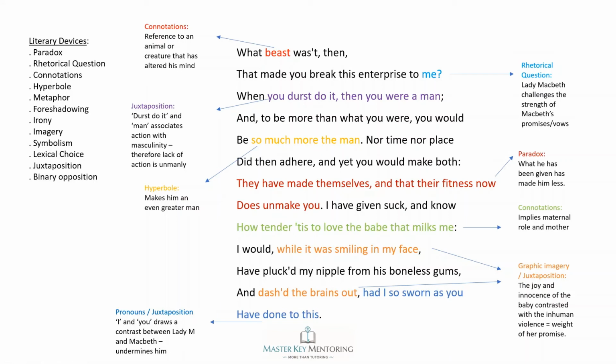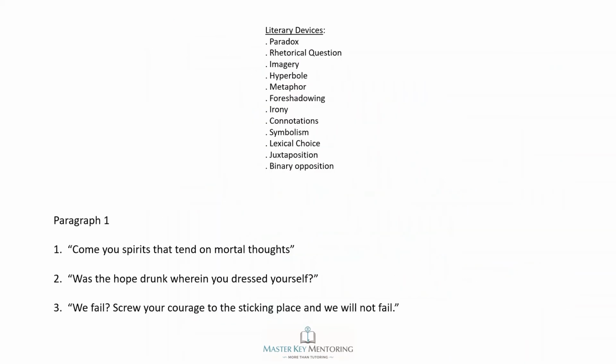Now, this is a great example of what you will probably do as part of your exam preparation and understanding your text in a lot more detail. Chances are you're probably not going to remember this entire monologue off the top of your head in exam conditions. If you do, high five to you.